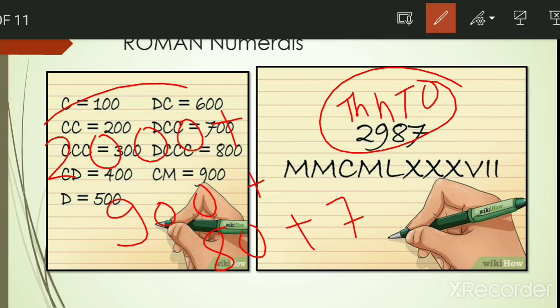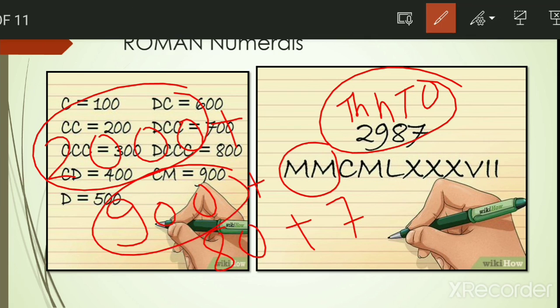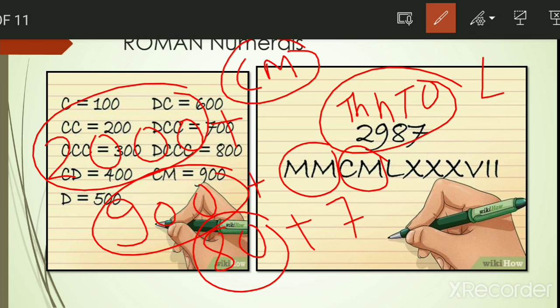So 2000 means writing M 2 times. 900 means CM, that is 100 subtracted from 1000. So CM means 900. 80 means 50 plus 3 times 10.